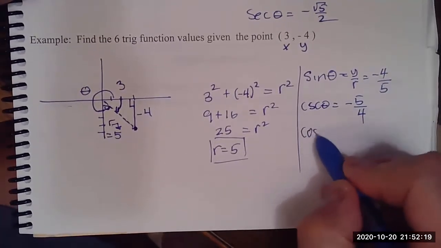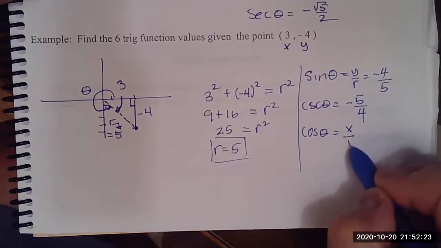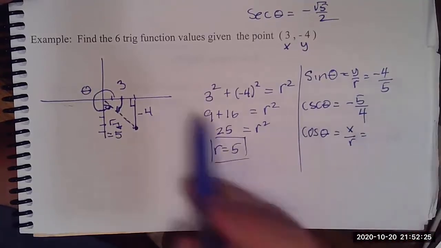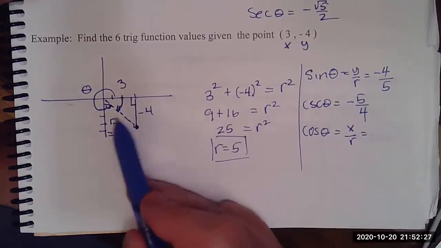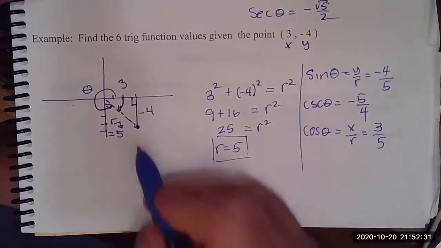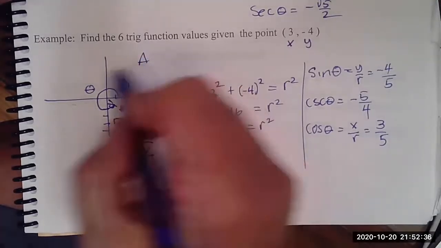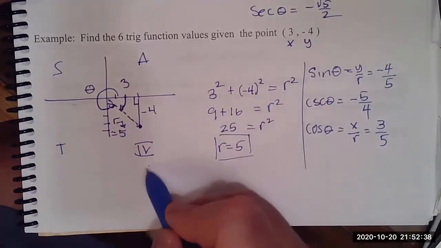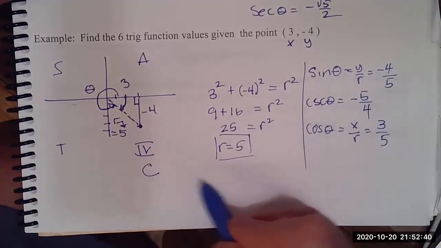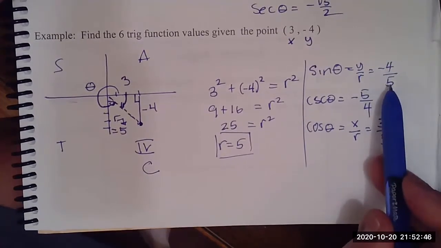Next one, let's do cosine. That would be x over r. It looks like I have 3 over 5. Now this is quadrant 4. A smart trig class shouldn't cosine be positive? And it is. Look at that. That means sine should be negative, and it is.